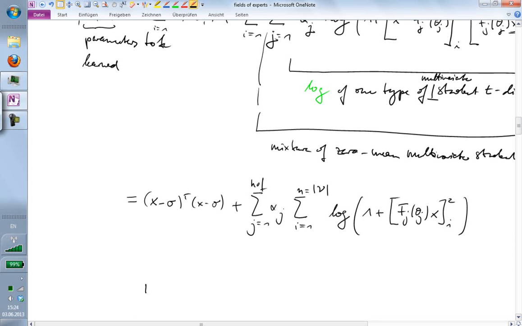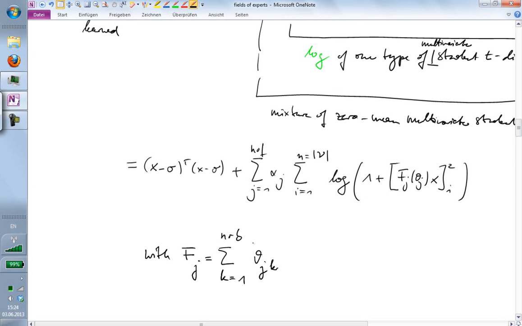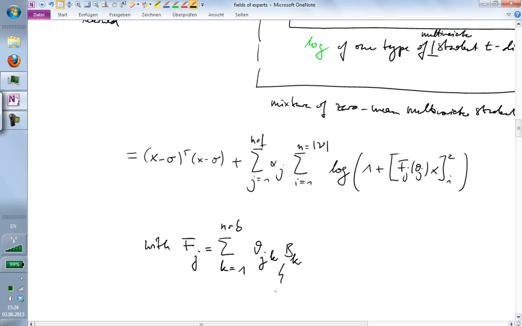A word about these filters. They can be taken as a linear combination of basis filters. So I'd have a summation over k going from 1 to nrb, which I write for number of basis filters. And for the jth filter, I have a total of nrb coefficients if I want to construct this from a basis of filters. So those would be my basis filters, also convolution filters.